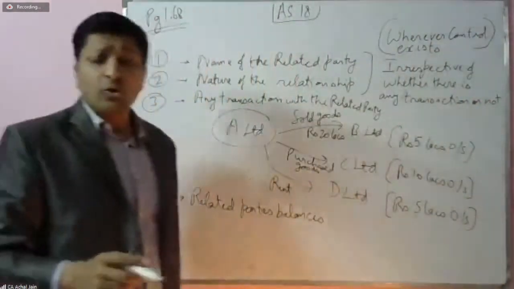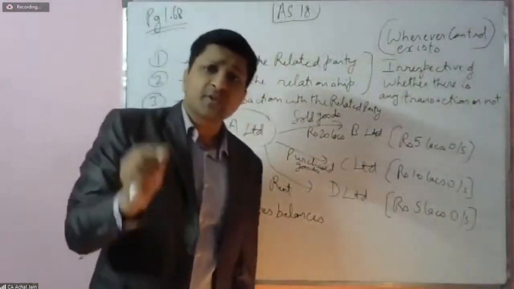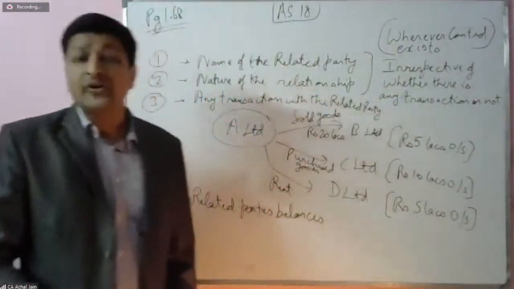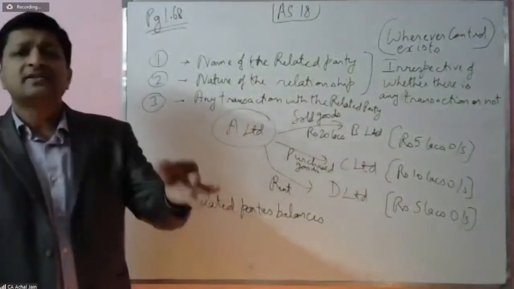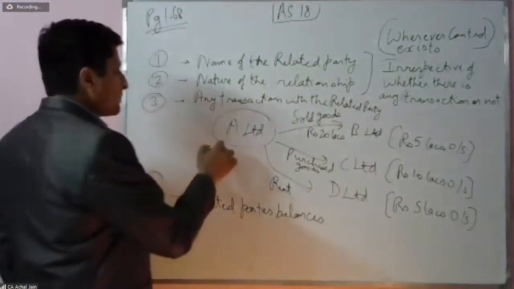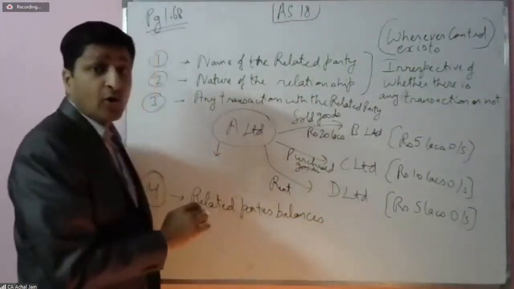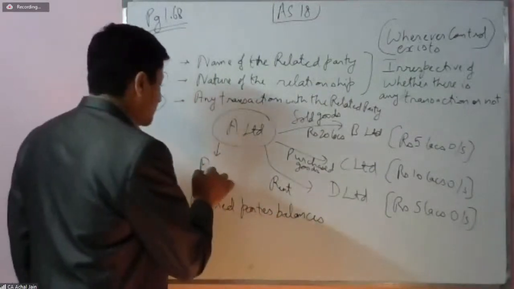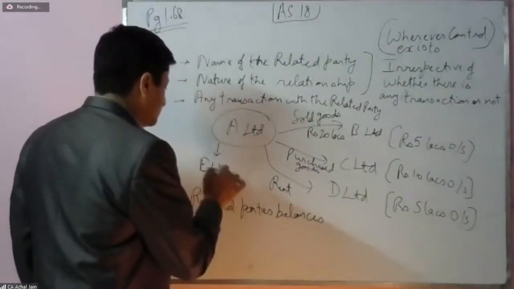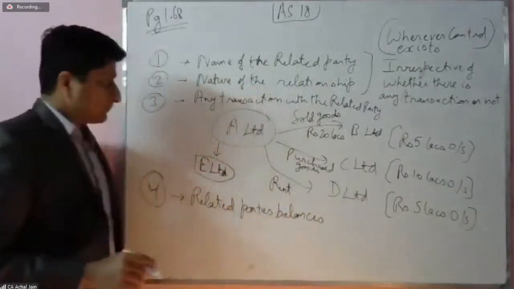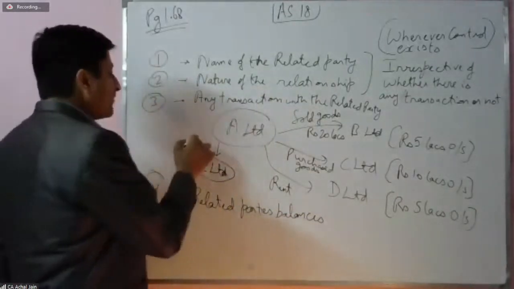I'm talking about only the related party relationship wherein the control is established. For example, holding and subsidiary. For example, A is holding of, say, E Limited.